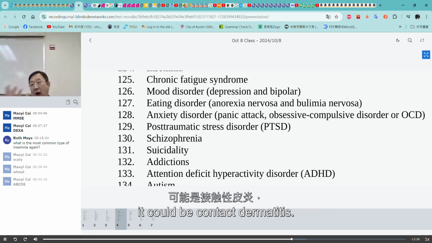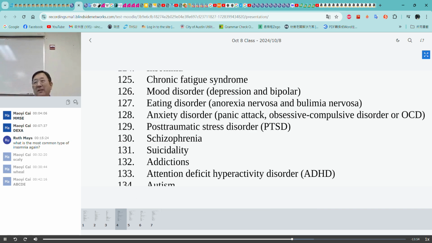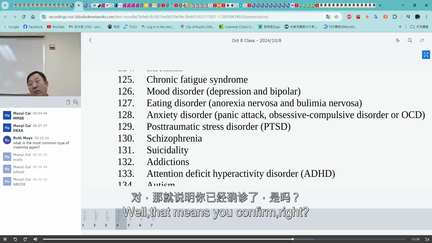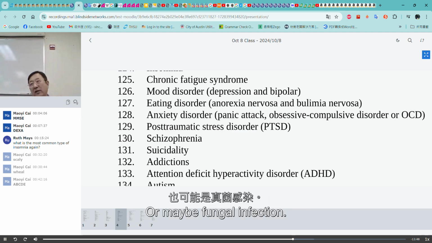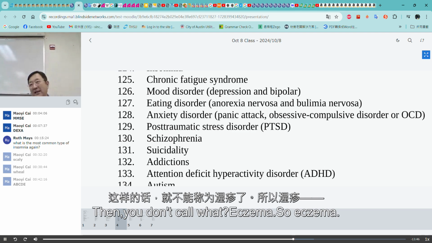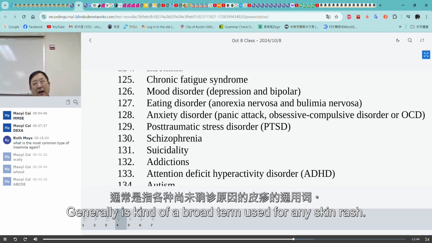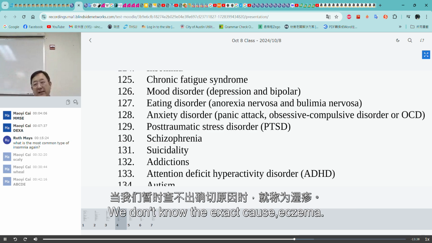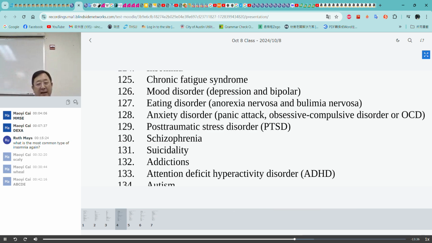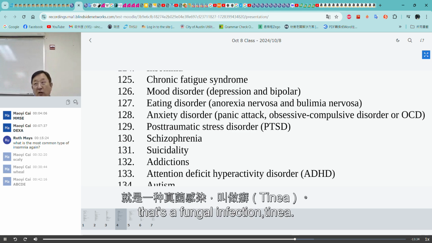For example, it could be contact dermatitis. It could be psoriasis. It could be lupus. Well, that means you confirm, right? Or maybe fungal infection. Then you don't call it eczema. So eczema generally is a broad term used for any skin rash when we don't know the exact cause.